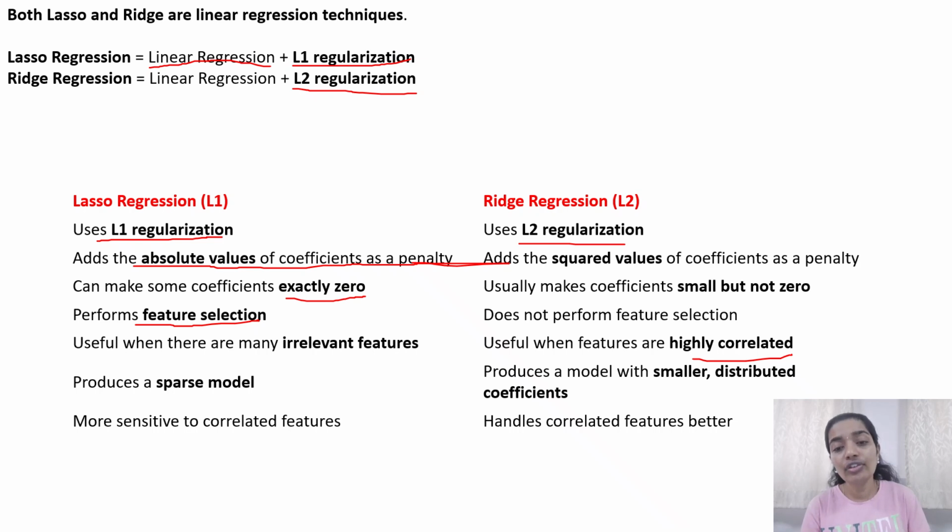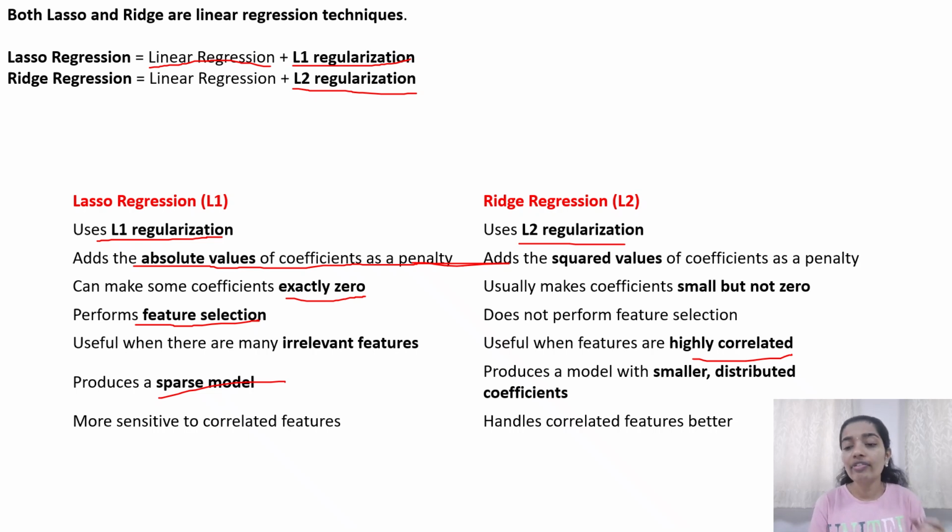And when there are features that are related to each other, when there is correlation between the features, we should go for ridge regression. Then this is not a very important difference: lasso produces a sparse model, and ridge produces a model with smaller, distributed coefficients. Lasso is more sensitive to correlated features.